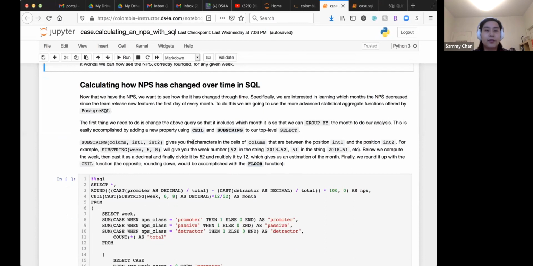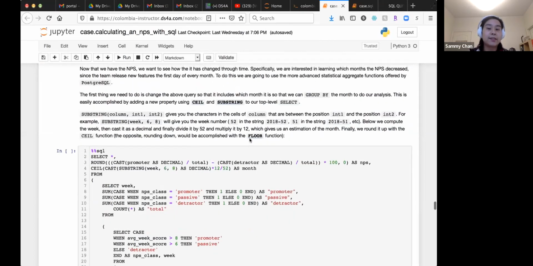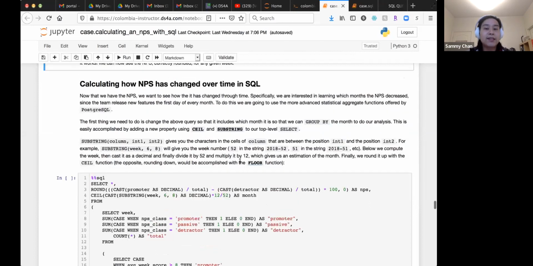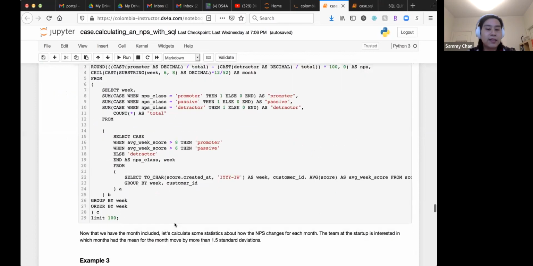For example, if you have the number 1.2 and you ask SQL to round it to the closest integer, it will give you 1. But if you ask for the ceiling of 1.2, then SQL will give you 2. Similarly for the floor, if you have a value of, say, 1.8, applying the floor would give you 1, while rounding would give you 2. So these are the differences.